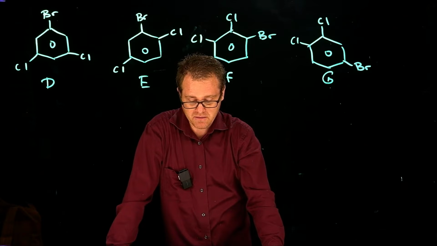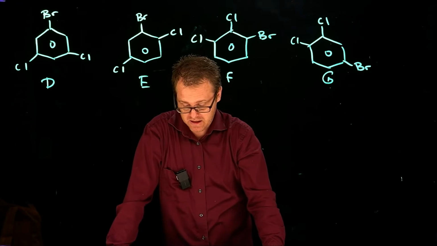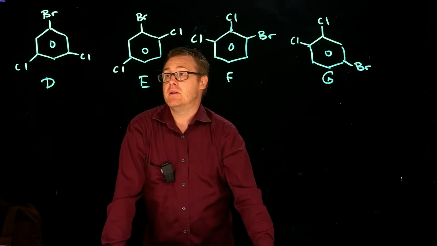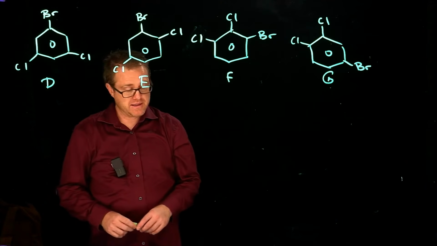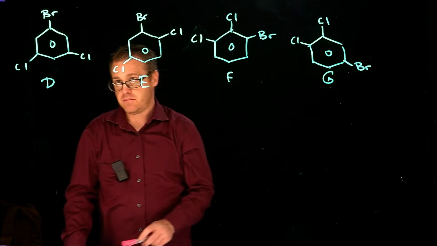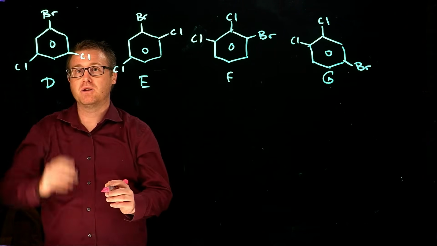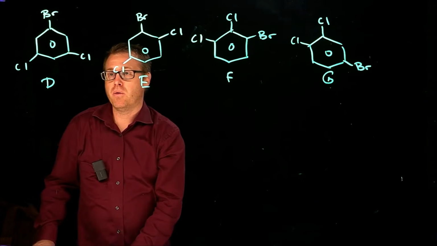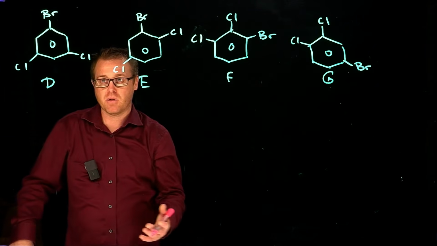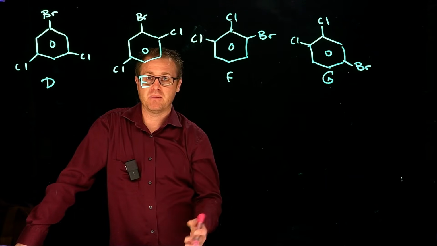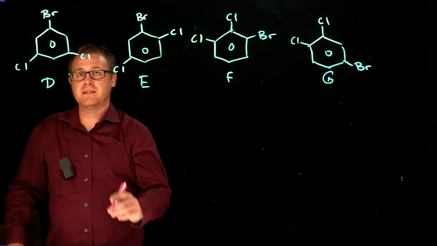Which of the compounds, D through G, can it be? Explain. Okay, so I'm going to go through this fast, and I'm not going to go into detail as to how I know this, but the short answer is do the replacement test or do axis of rotation or planes of symmetry to figure this out.